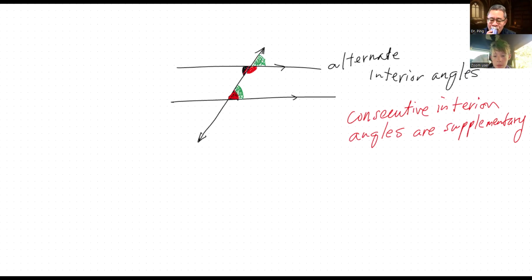What do we call them? Yeah, the top one's interior, but we have these two together. What do we call them? What's their relationship?